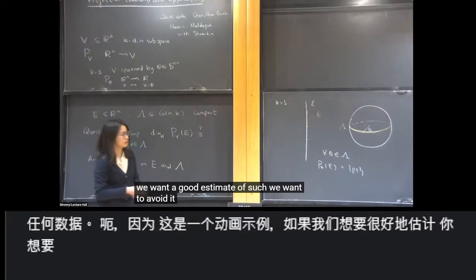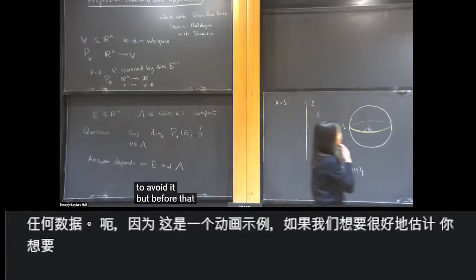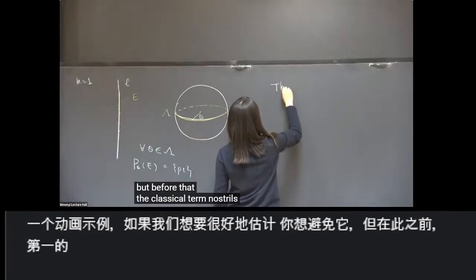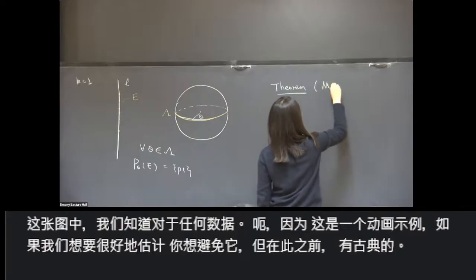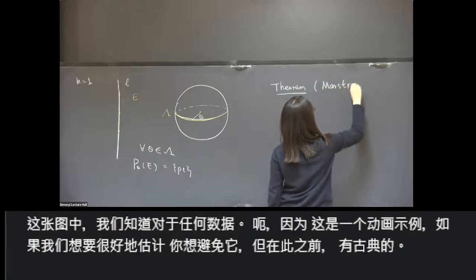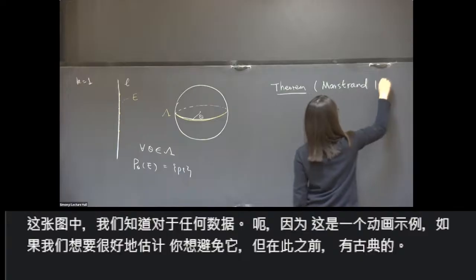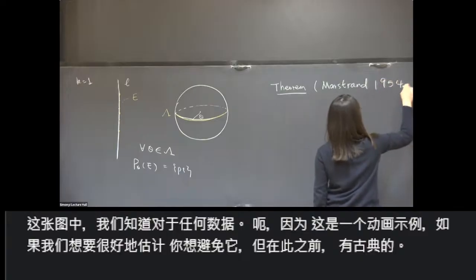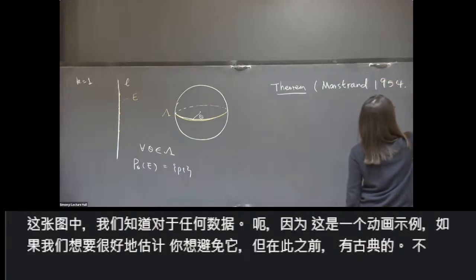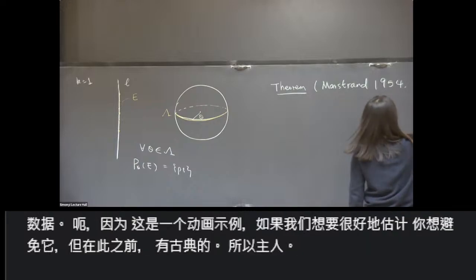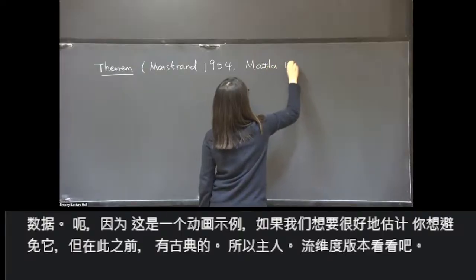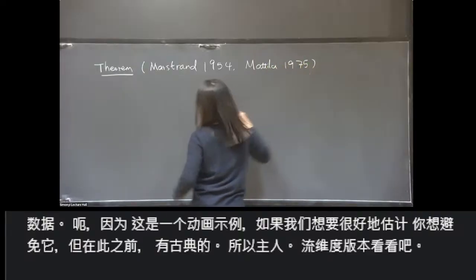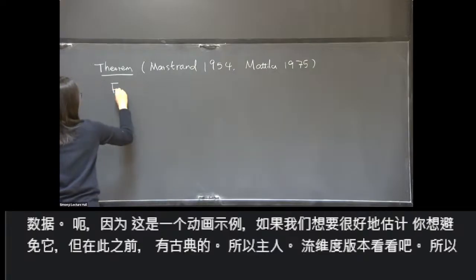Before that, there is the classical theorem of Marstrand, and also by Mattila. Marstrand proved a low dimension version and Mattila proved the general one.